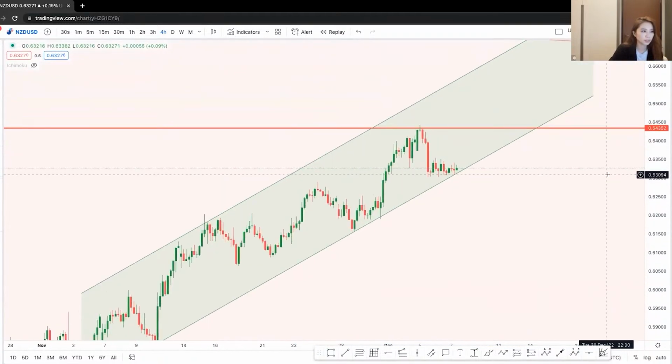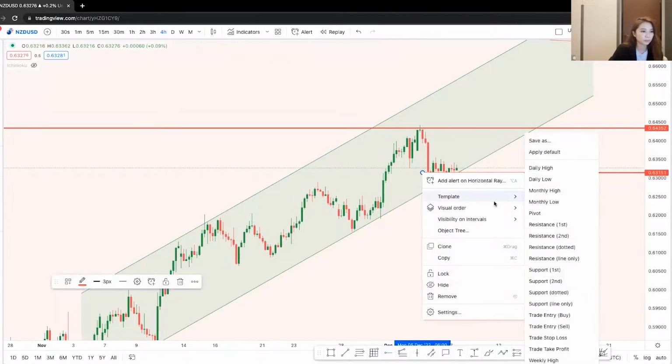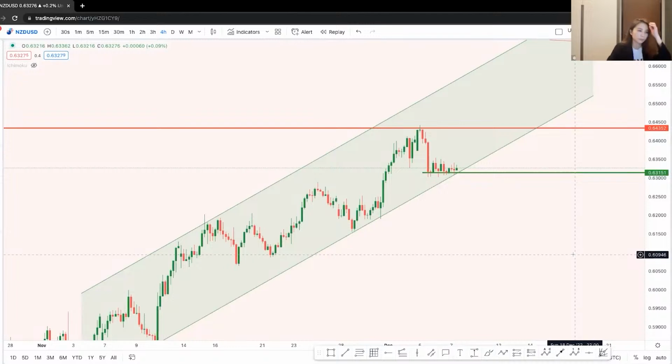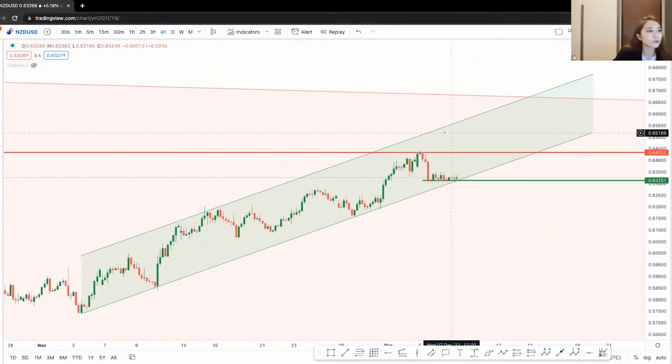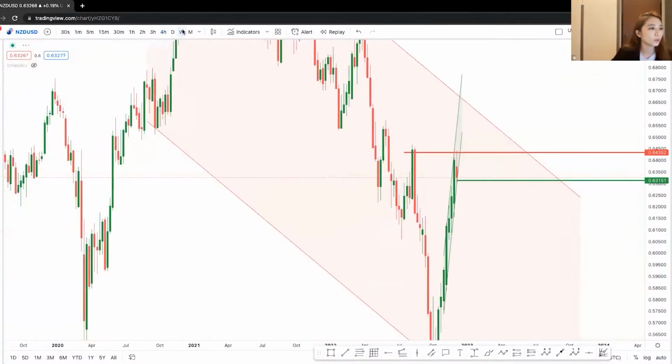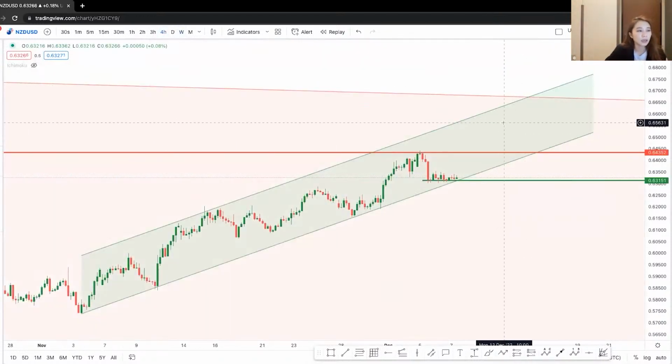We are also seeing an indication of support here. So many touch points for this. I would say this could go both ways in terms of moving towards a resistance on the bigger time frame, like on the weekly, the price actually moves past that and moves towards the bigger resistance of the downward channel. However, on the smaller time frame, we are looking at a short-term upward movement.